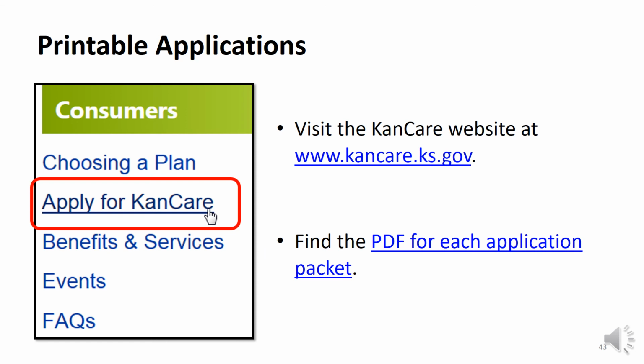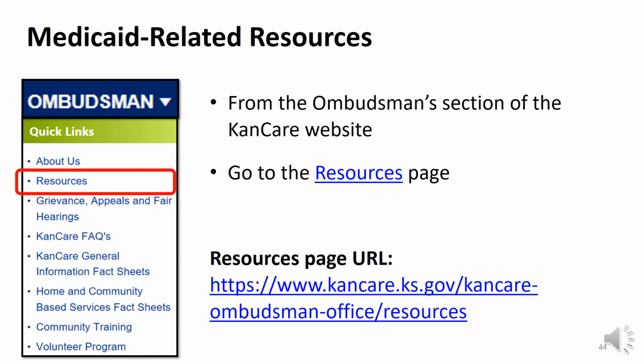Printable applications can be found on the KanCare website. You'll go to www.kancare.ks.gov, look under the Consumer section, and then Apply for KanCare link. From the Ombudsman section of the KanCare website, next you'll go to the Resources page.